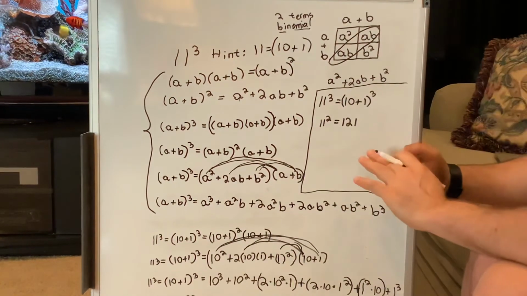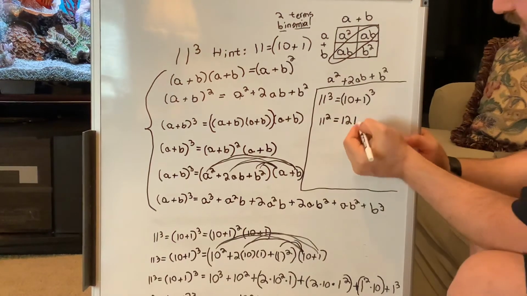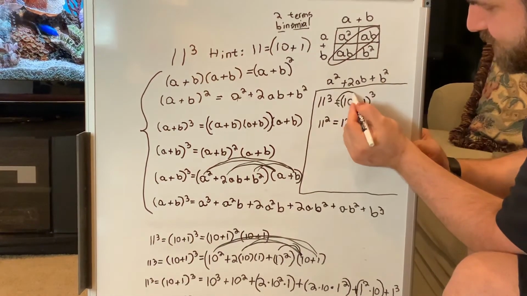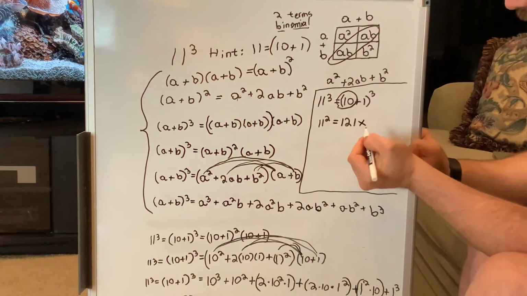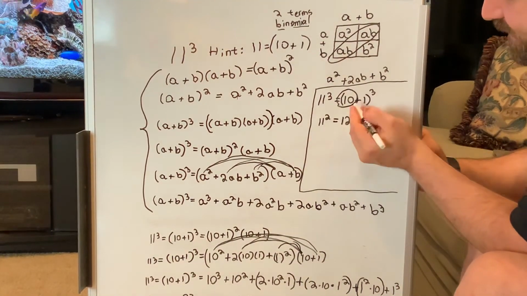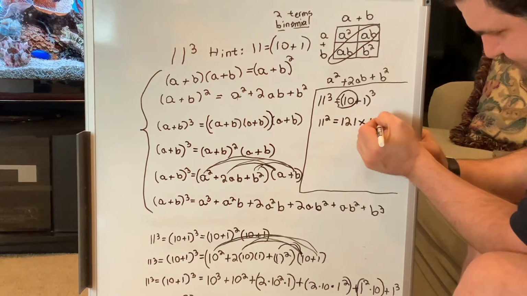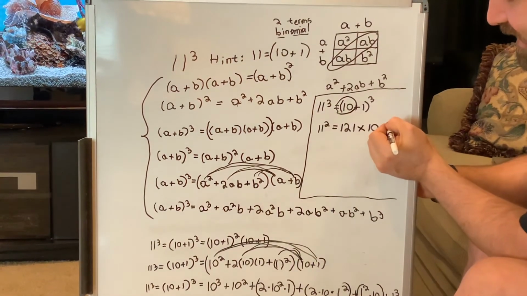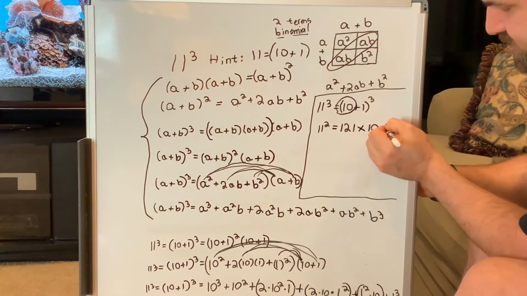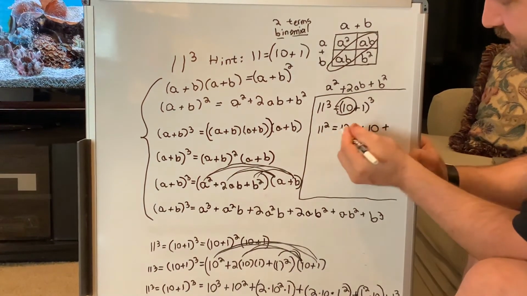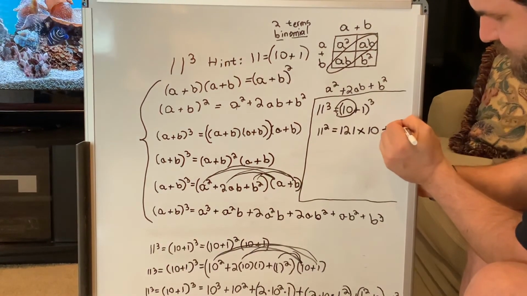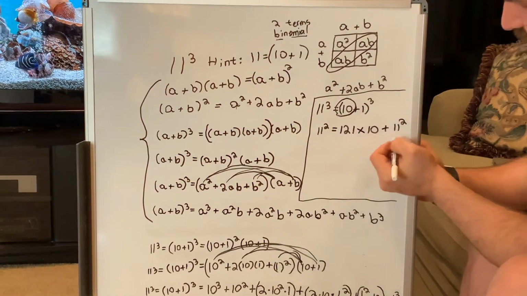All right? And then what she did is she multiplied that by this number. So whatever number was sitting right here. So she multiplied 121 times 10. And then she added to that number plus 11 squared. Okay?